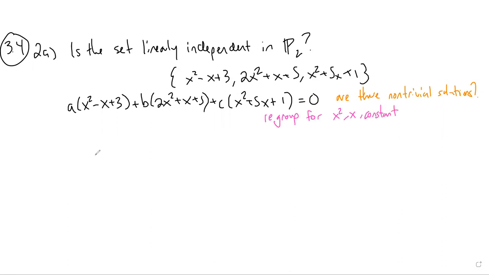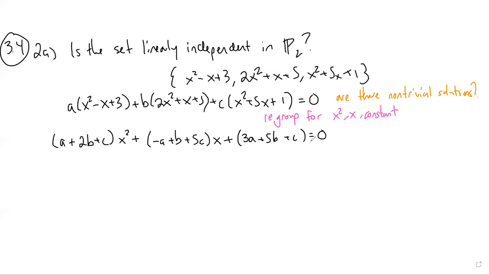And so if I do that, I will get A plus 2B plus C times x squared plus negative A plus B plus 5C times x plus 3A plus 5B plus C equals 0.